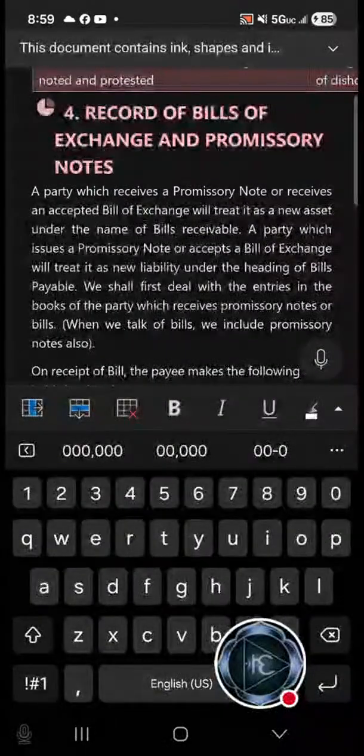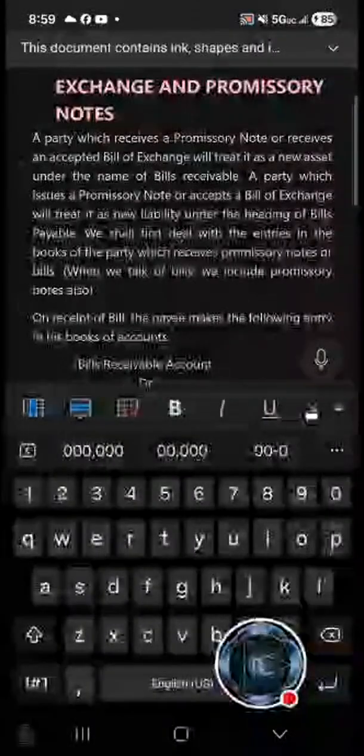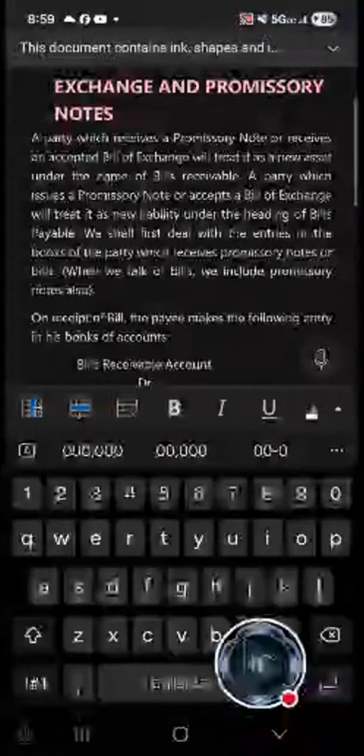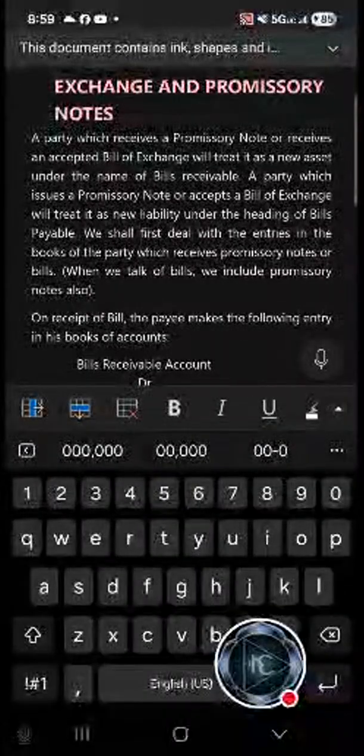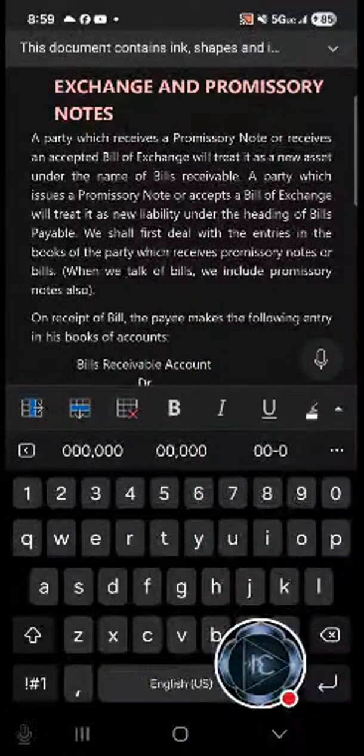Record of bills of exchange and promissory notes. A party which receives a promissory note or receives an accepted bill of exchange will treat it as a new asset under the name of bills receivable.